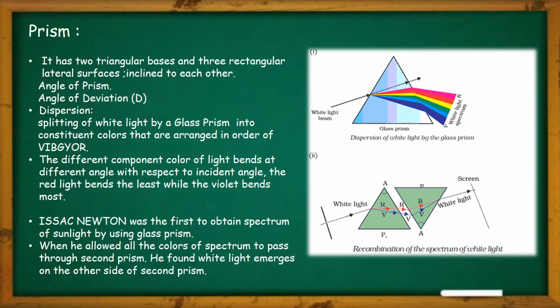There are different parts of the prism: the angle of prism, the angle of deviation, and when the light ray passes through it, the angle of incidence, angle of refraction, angle of emergence, and the incident ray, refracted ray and emergent ray. We will get to know these different parts in this topic.